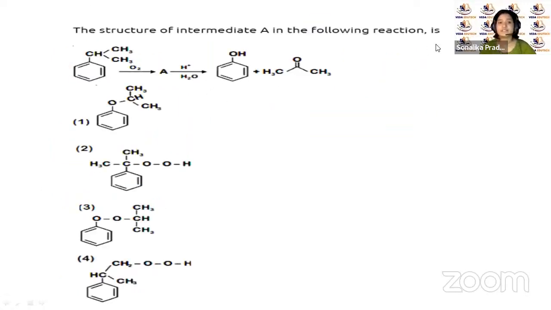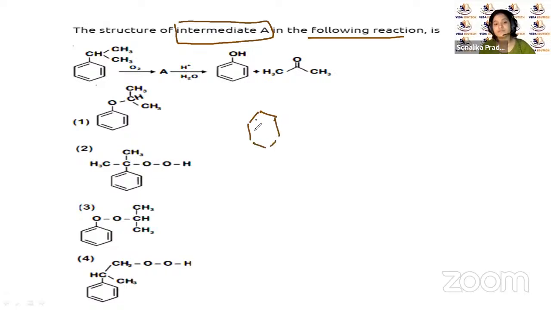So next question on your screen. Let us see what's given here. It is asked the structure of intermediate A in the following reaction. So what is given to us here? Can anyone name this compound?